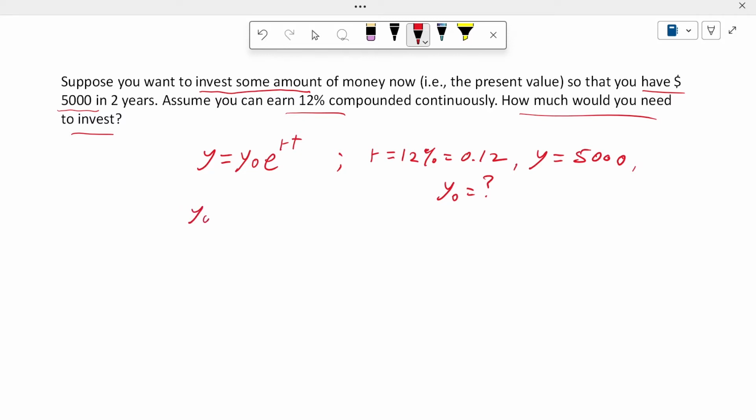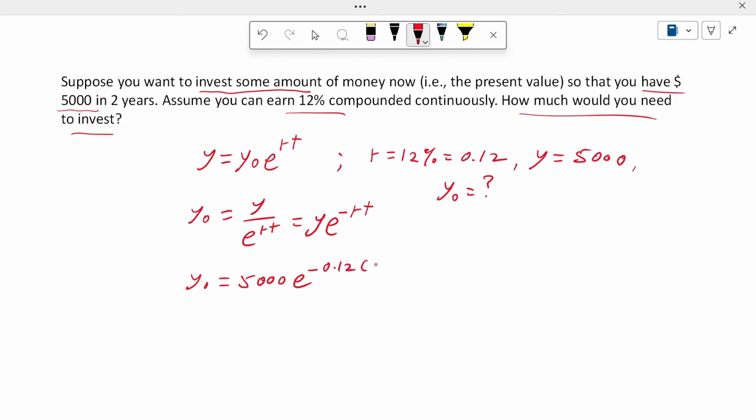So from here we get y naught is equal to y divided by exponential rt, which is equal to y exponential minus rt. So y naught is equivalent to y, which is 5,000, times exponential of minus r t, where r is 0.12.